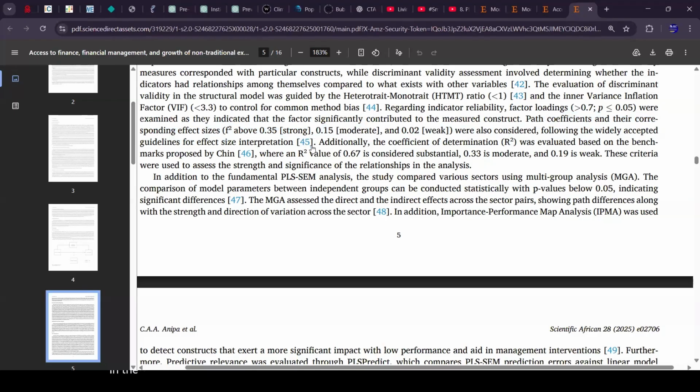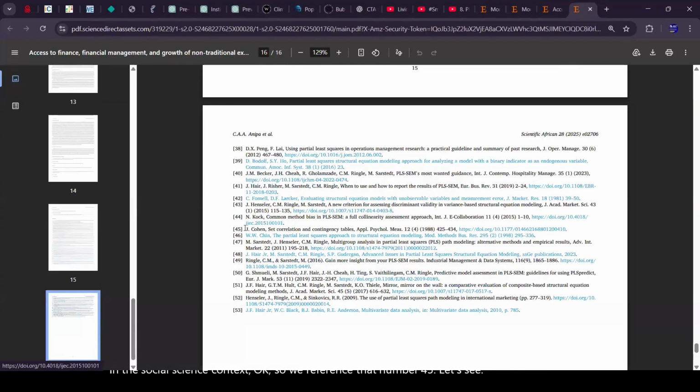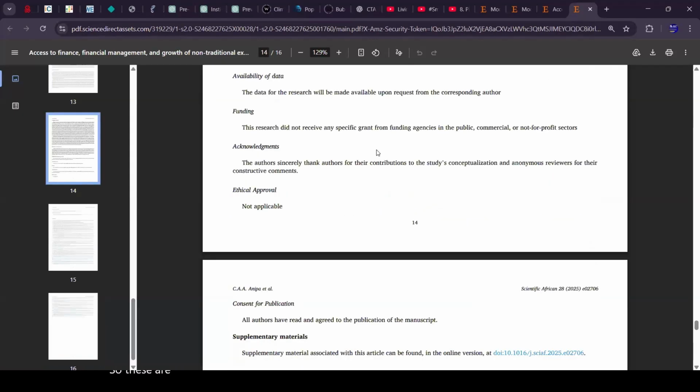Okay, so we reference that number 45. Our reference number 45 is who? We use Cohen, 1998. So this is how it is. You can read more about this paper. So these are the criteria: 0.02, 0.15.